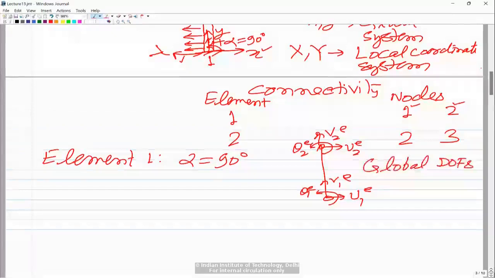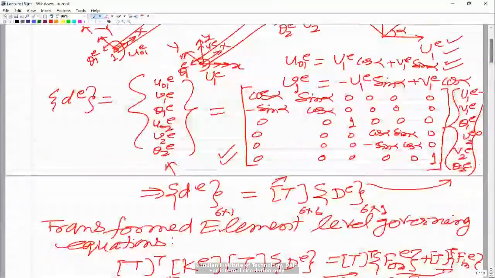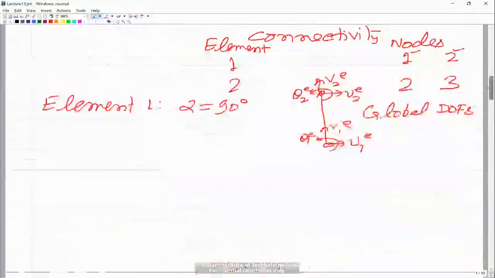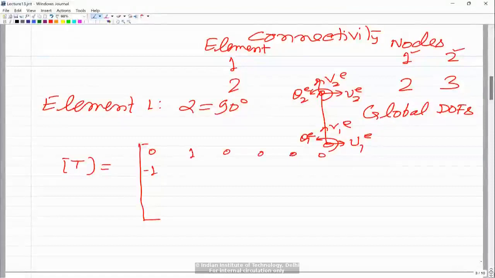So now if you look at the transformation matrix, alpha is 90 degrees and we have already written this. The transformation matrix is written over here. So this is cos alpha, sin alpha, minus sin alpha, cos alpha. If you put alpha equal to 90 degrees, you will find that the transformation matrix T will be equal to: cos alpha is 0 because alpha is 90 degrees, sin alpha is 1, and then we have of course the 0 0 0 0, and then we have minus sin alpha, so that is minus 1, cos alpha is 0, 0 0 0 0, and then we have 0 0 1 0 0 0.